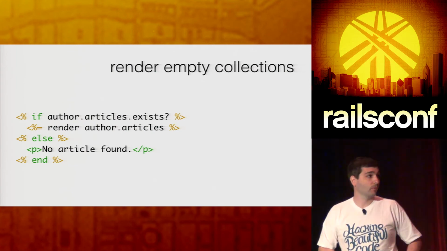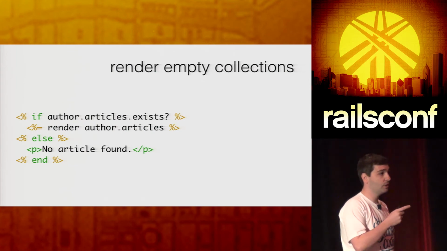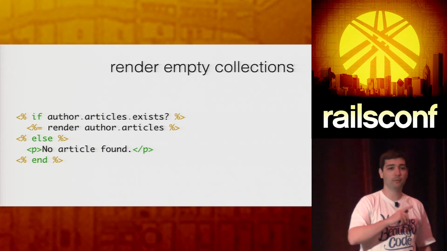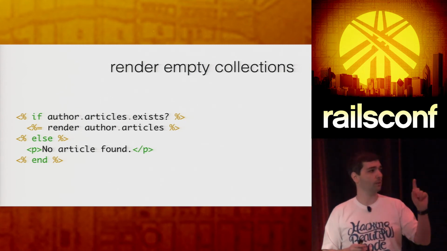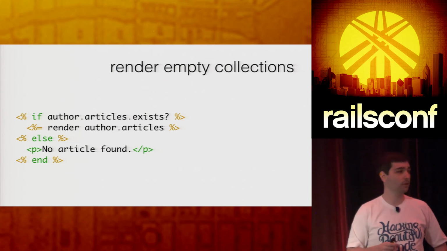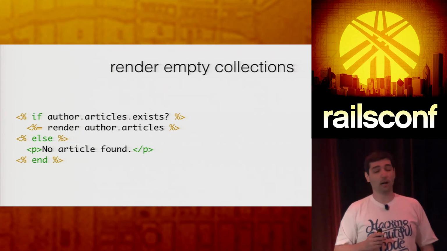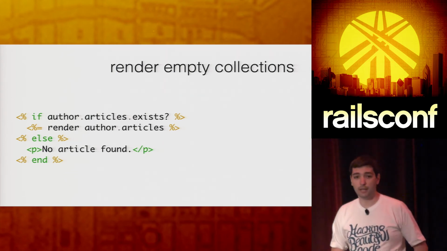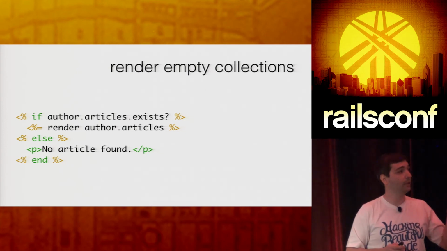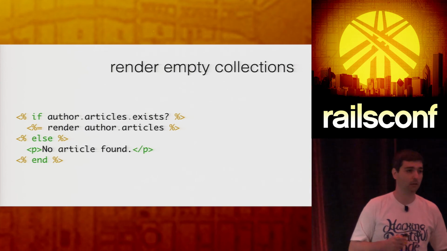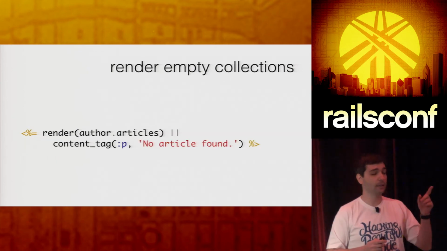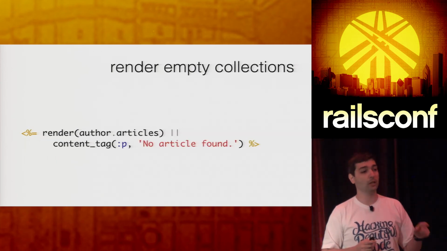Okay, so rendering empty collections. This was pretty much the example I showed before in the Active Record section. So we're using author.articles.any?, render articles, and all that stuff. But you can refactor that because when you call render with a collection of objects, if there is no object in that collection, if it's empty, it's just going to return nil.